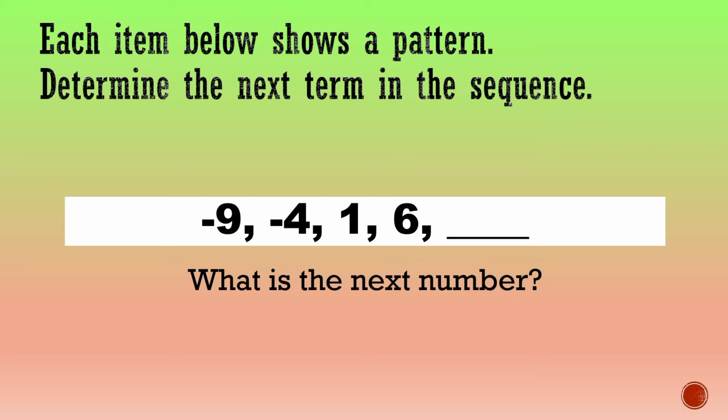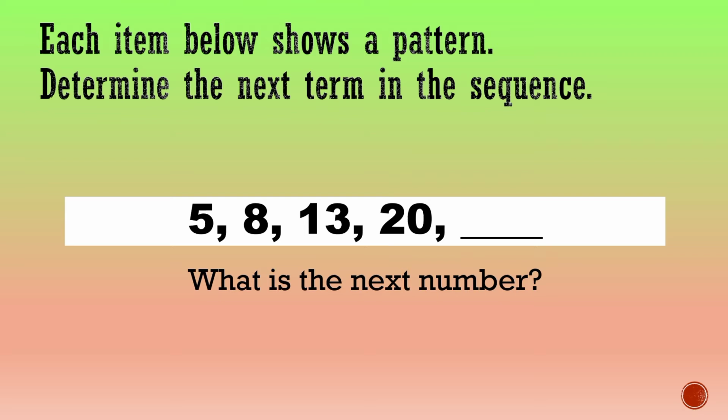Negative 9, negative 4, 1, 6. What do you think is the next number? If you say 11, then you are correct. The last one, 5, 8, 13, 20. What do you think is the next number? If you said 29, then you are correct.